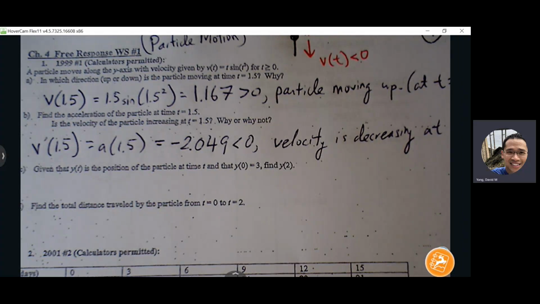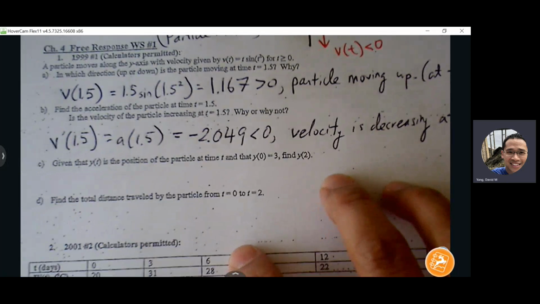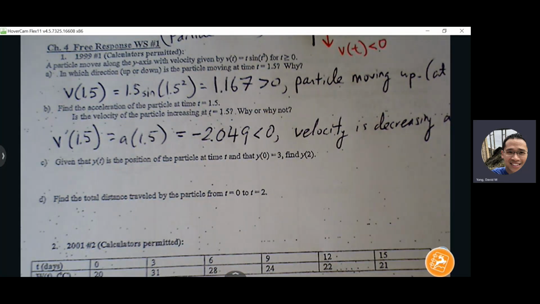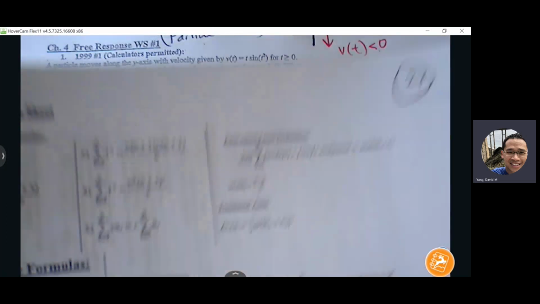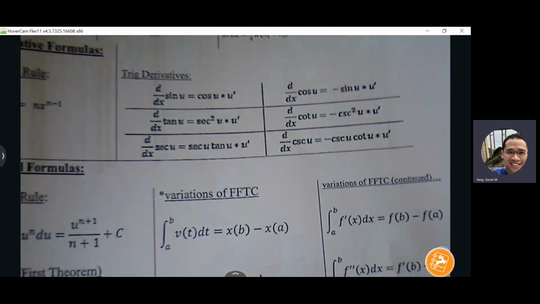So part C says, given that y of t is the position of the particle and that y of 0 equals 3, find y of 2. So this goes back to this formula that I shared when we were doing some particle motion problem, and this is on page 21 in your packet.